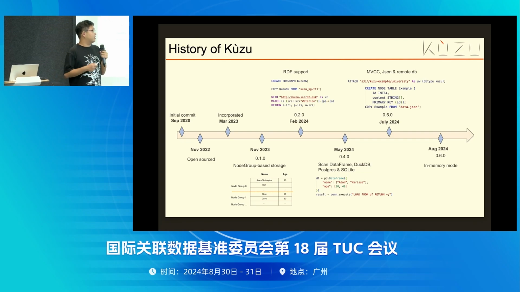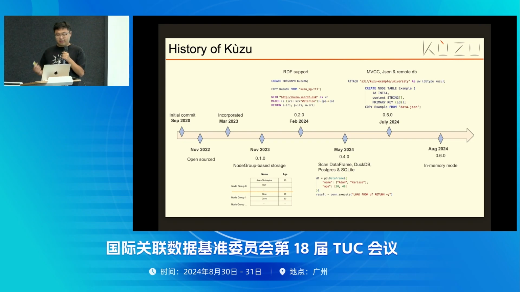We also have JSON support, S3 support that allows you to read and write to S3 cloud storage, and also the in-memory version. In the next couple of slides, I will highlight some of these features and elaborate on them in more detail.